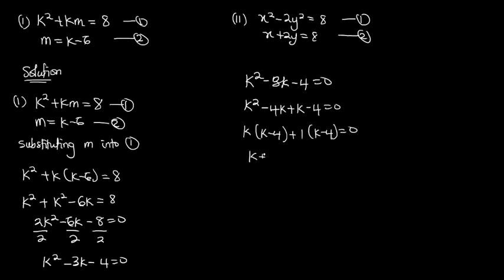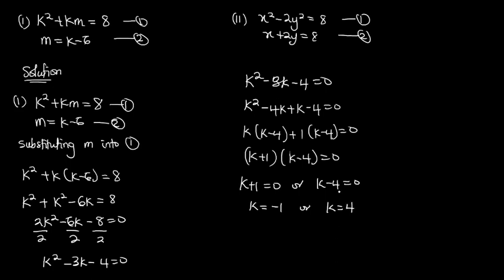So I have k plus 1 into bracket, then I bring one of the repeated roots, k minus 4 is equal to 0. So if I equate this to zero, I have k plus 1 is equal to 0, or k minus 4 is equal to 0. So over here I'm going to have k is equal to negative 1, or k is equal to positive 4.